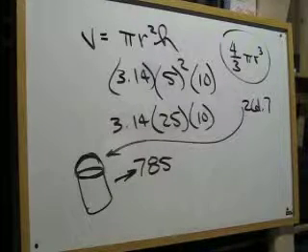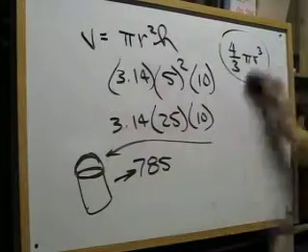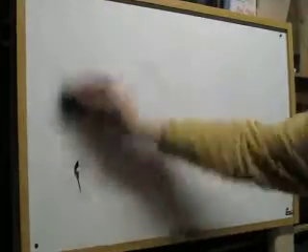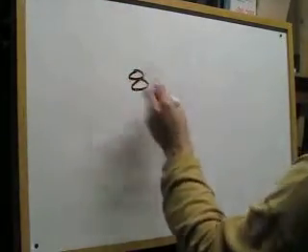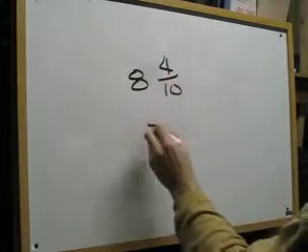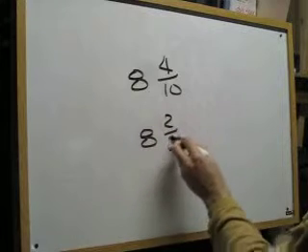Now remember, look at number 30, 8.4. The numbers to the left of the decimal are not part of the fraction. So 8.4, the 8 is a whole number all by itself, nothing changes. The 0.4 means 4/10, and then that reduces to 2/5.